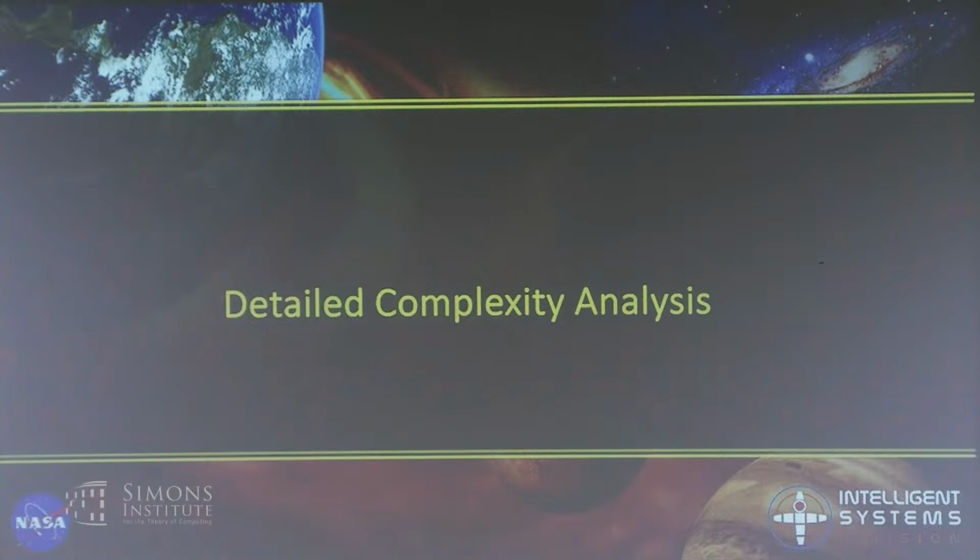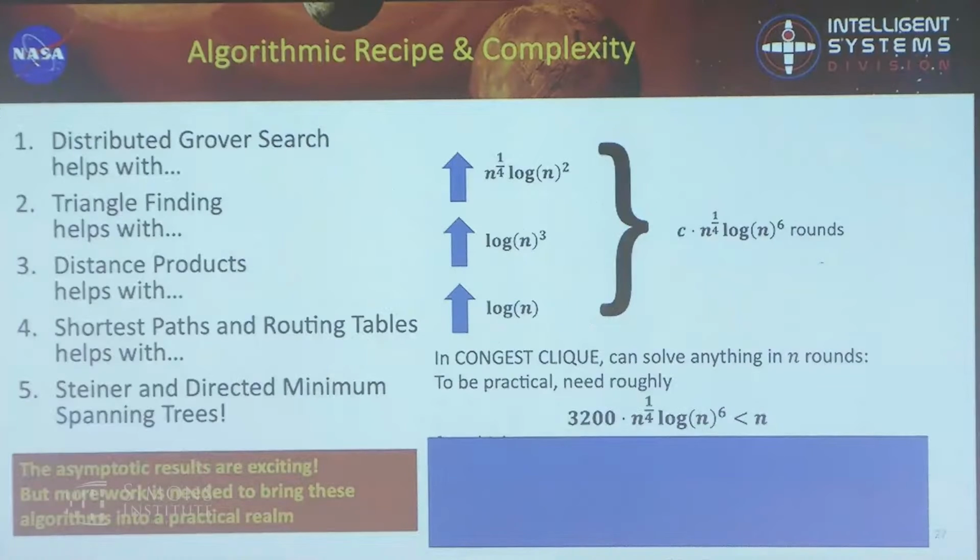asymptotic complexity, where it's n to the fourth with some log factors. Previously, in both the classical and quantum cases, people had just hidden the log factors under the tilde notation.